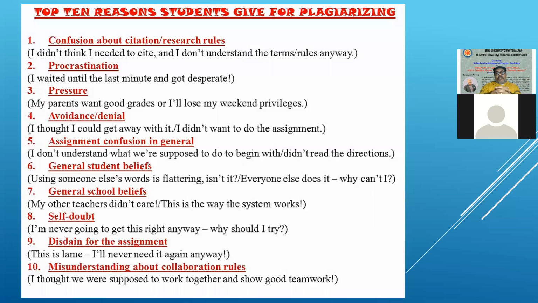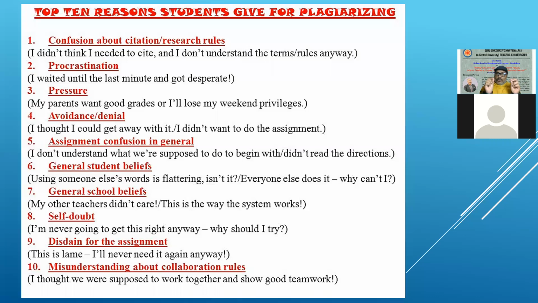So generally it happens. If they have not understood anything, not read the directions given by the superiors, like supervisor, guide, maybe your RDC, maybe your examiner, then assignment confusion will be there.